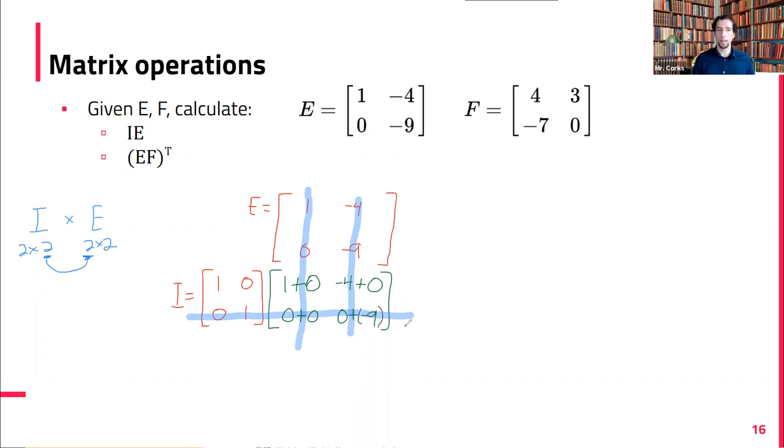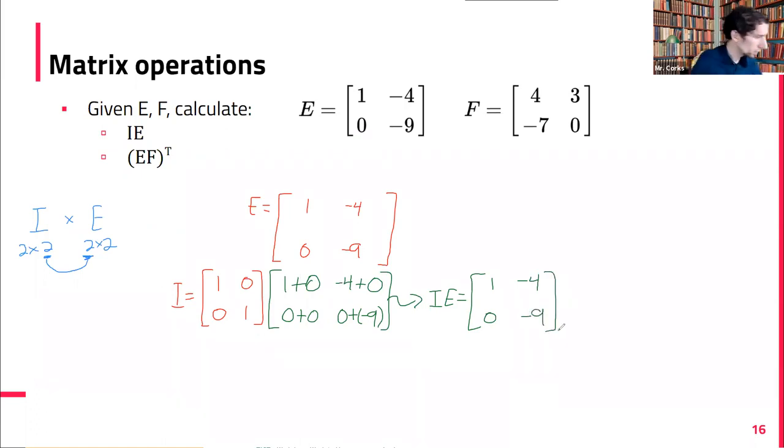So 0 minus 9, but I'm writing it as the -9 just for complete clarity here. Okay, so those are the values in those cells. So let's just write out what it will be. So I times E, therefore, is equal to, we'll just do the addition here, 1 plus 0, 1, -4, 0, -9. And what do we notice about this?